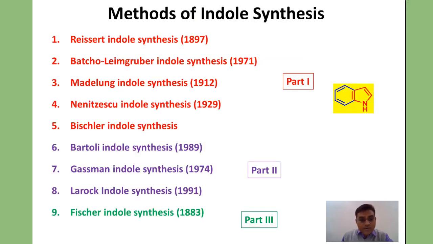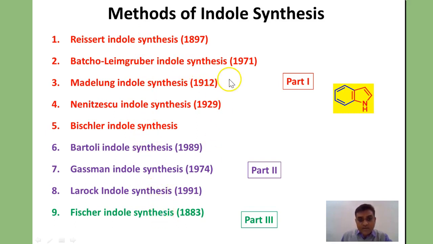Owing to the great biological significance of indole, various methods for the synthesis of indoles have been developed. There are hundreds and hundreds of methodologies for indoles. Here, we have listed 9 name reactions, and we are going to discuss these 9 methodologies. These are very popular methodologies, and generally they are documented in standard textbooks of heterocyclic chemistry.